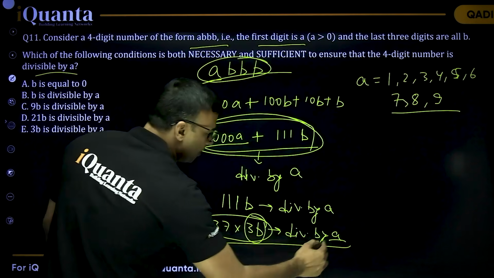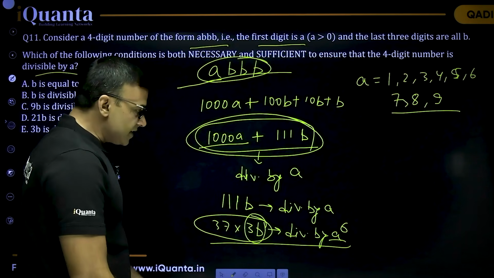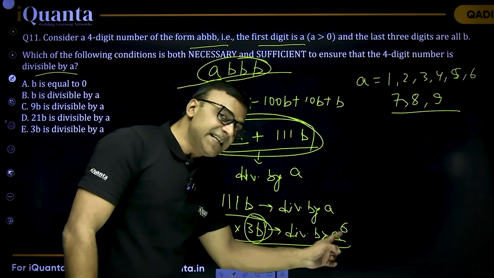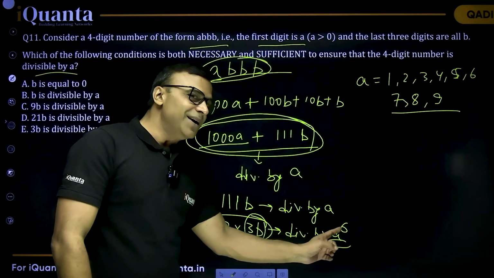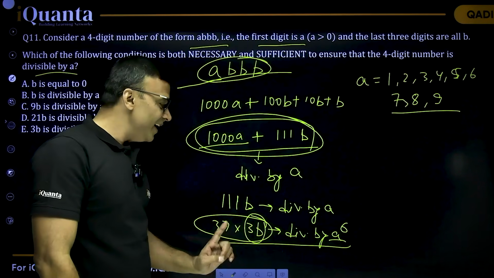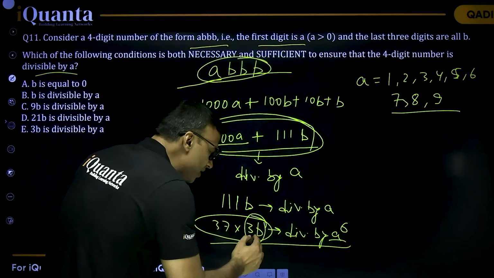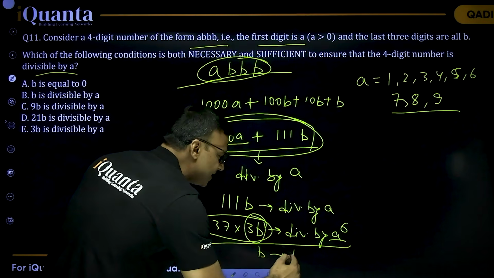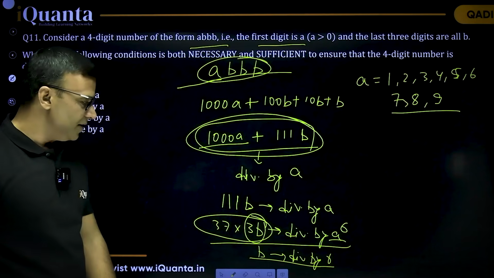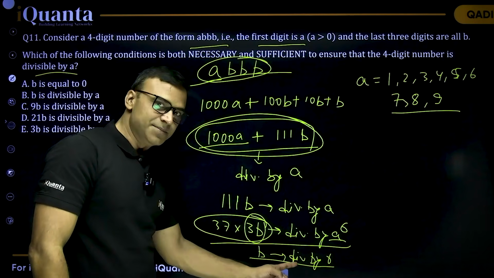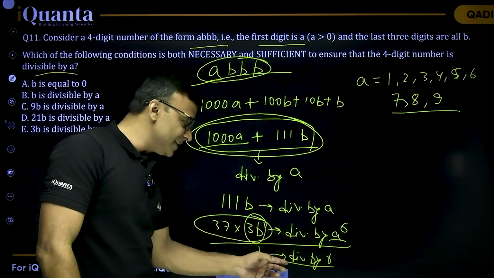Now this is the tricky part. Try and understand. It's not necessary that B should be divisible by 6. Even if B is divisible by 2, 3B would be divisible by 6. Oh, you have to understand. 3B is more specific than B divisible by 6. Think about that. 3B is more beautiful than B divisible by 6, because if B is divisible by 6, then B has to be only 6.